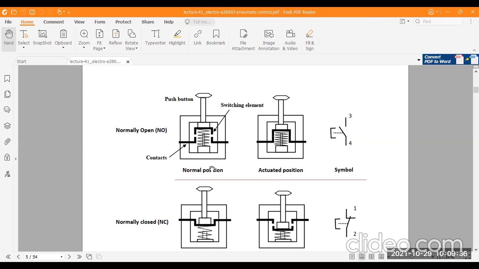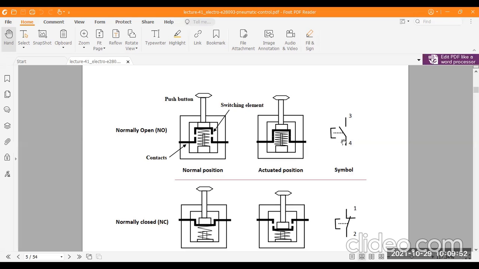This is the first one, the normal position, when no pressure is given to the push button switch, and when pressure is given to the push button switch, it works in this way. And this is basically the symbol.